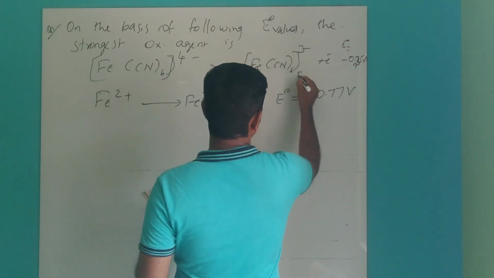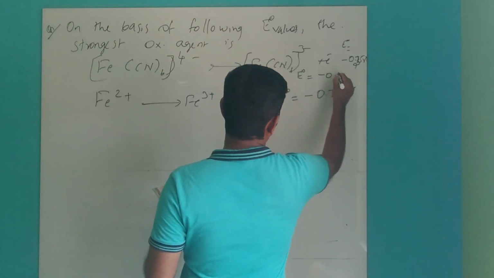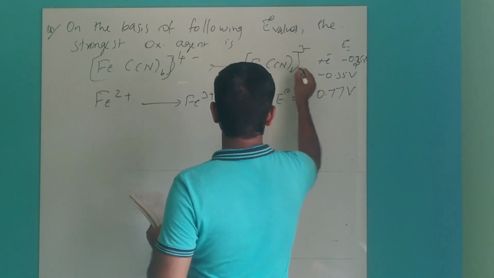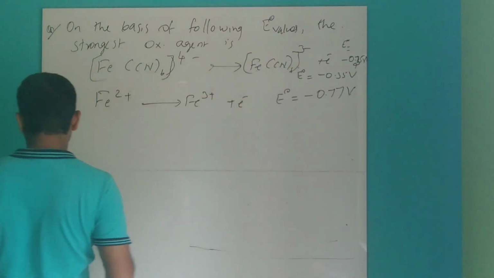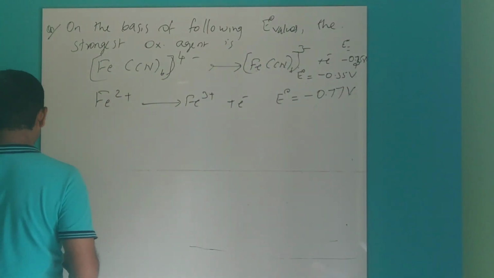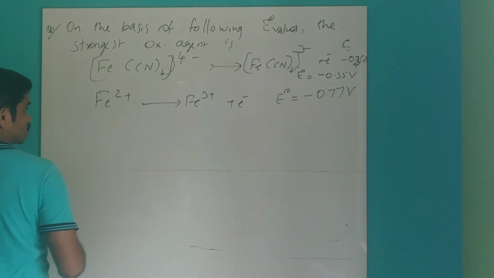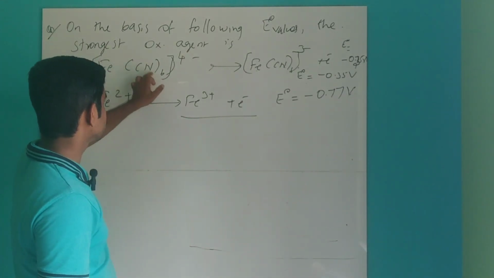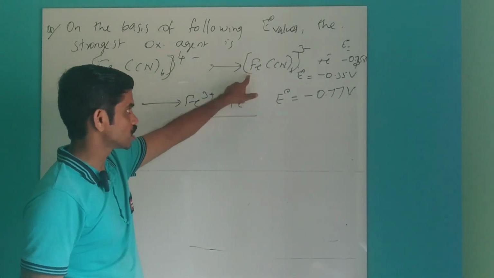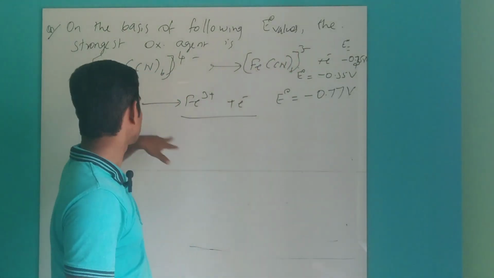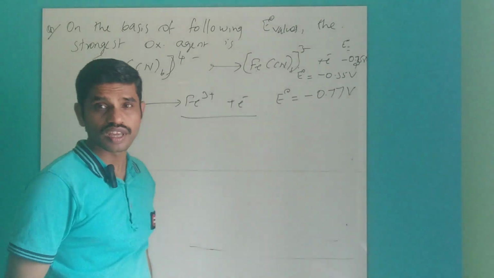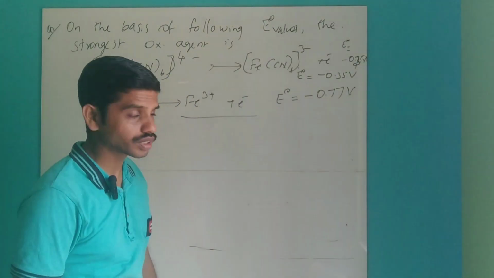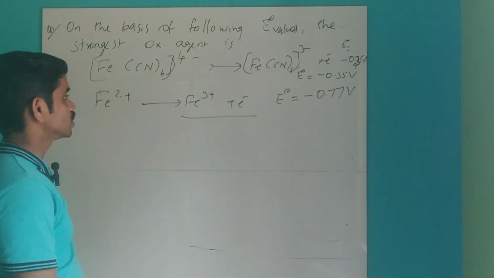We need the strongest oxidizing agent. The options are Fe(CN)6 4−, Fe(CN)6 3−, Fe2+, and Fe3+. Which is the strongest oxidizing agent?